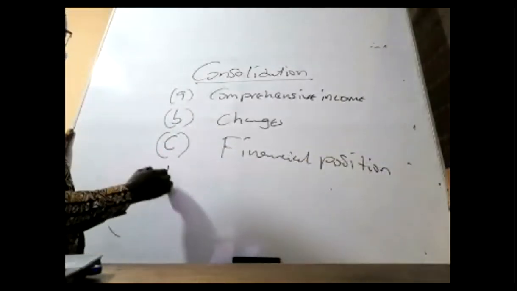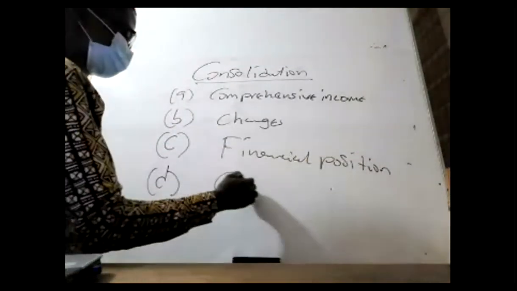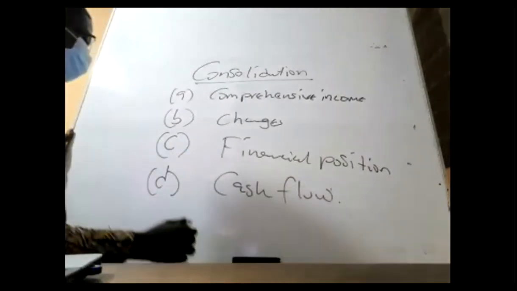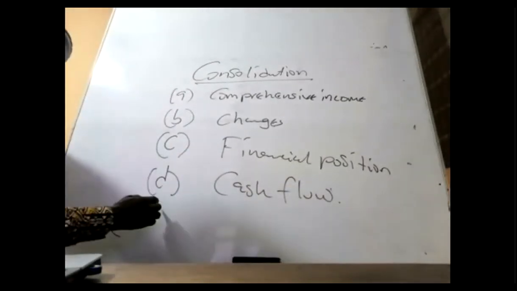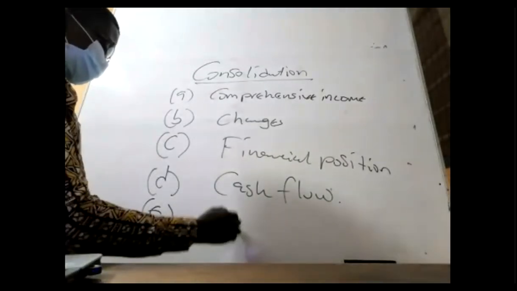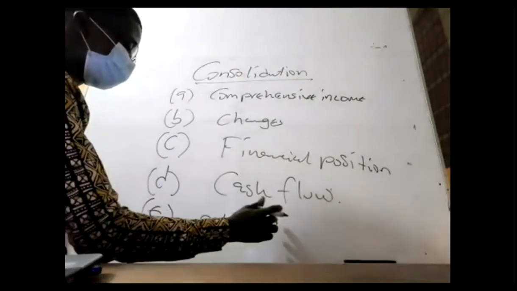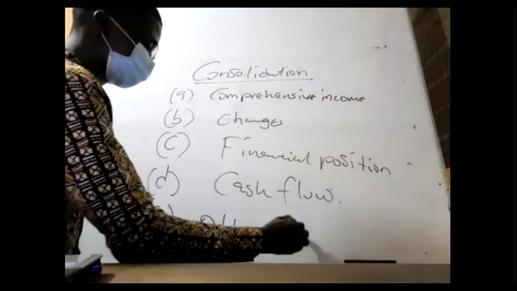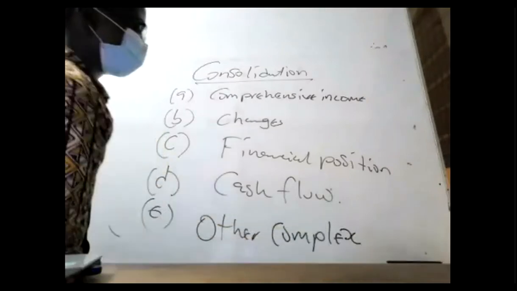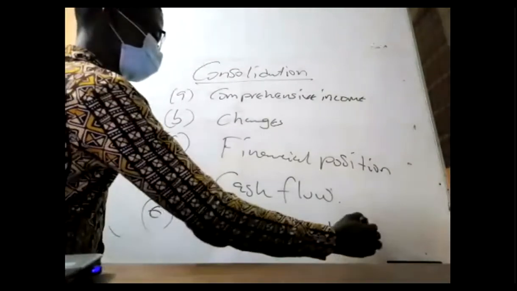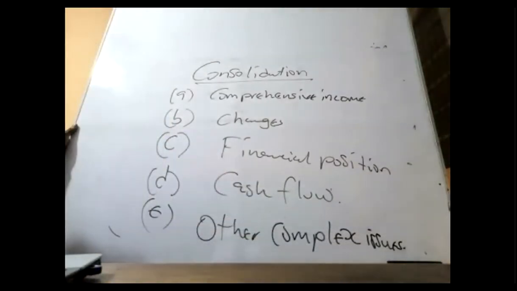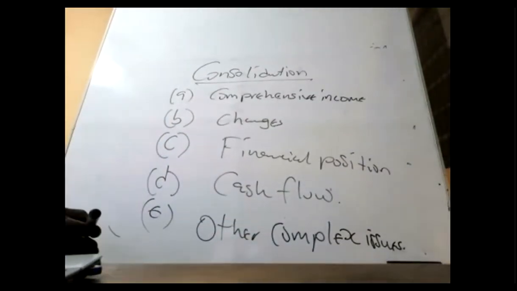We are going to consolidate the cash flow. That's all. And other issues. Other complex issues, that one, we are not going to do it here. Complex issues. So that's all about consolidation.